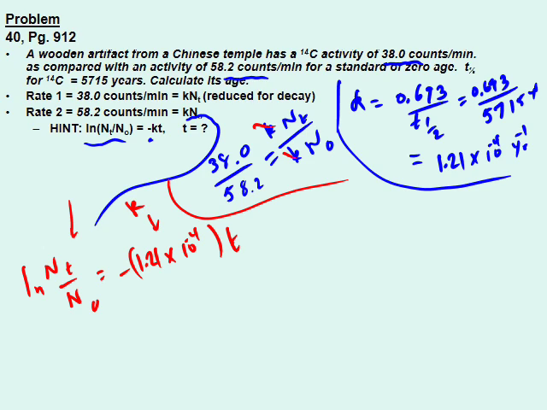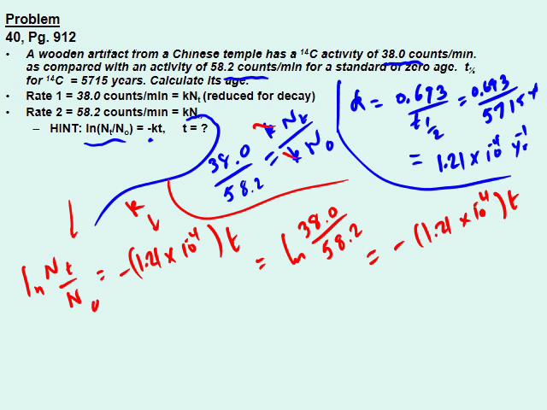Now Nt over N0 I can write down as log of 38.0 over 58.2, and that gives minus 1.21 times 10 to the negative 4 t.